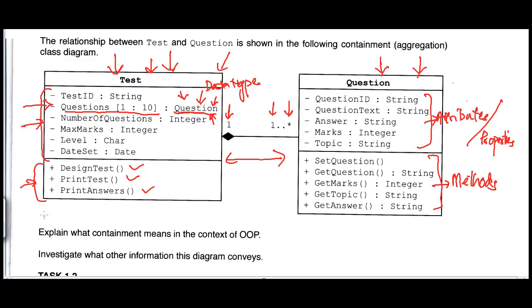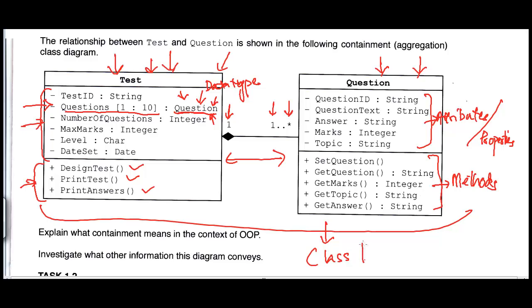So this diagram that you see here is called a class diagram. It is showing the relationship between the test class and the question class, and this relationship is basically a containment relationship, which basically says that the test class contains an object of the question class. Meaning this test class cannot be complete if it does not have any questions inside.